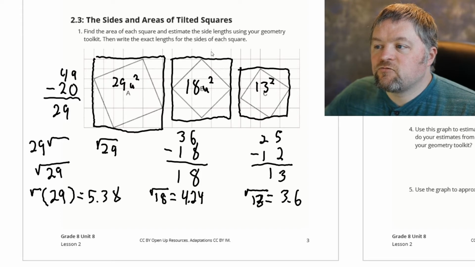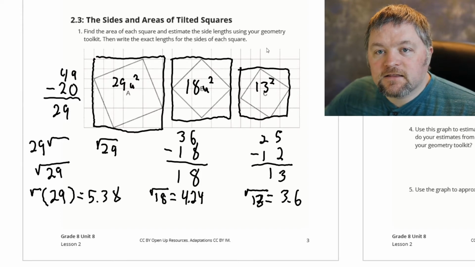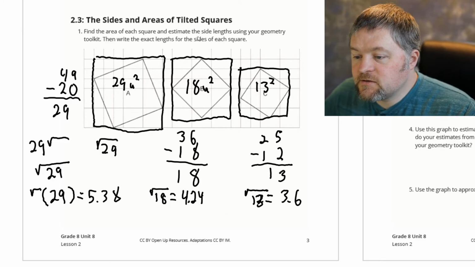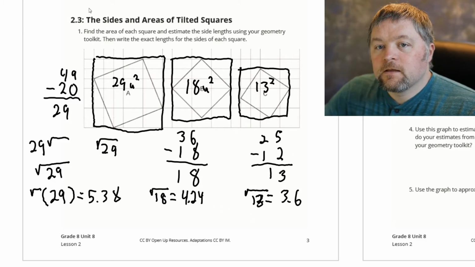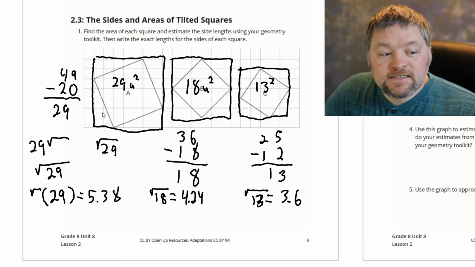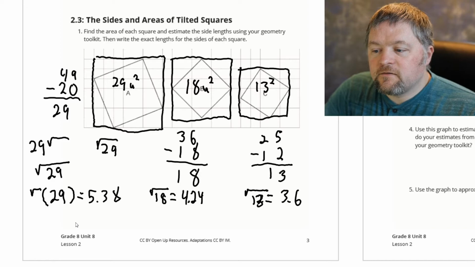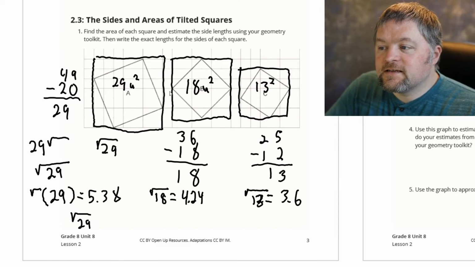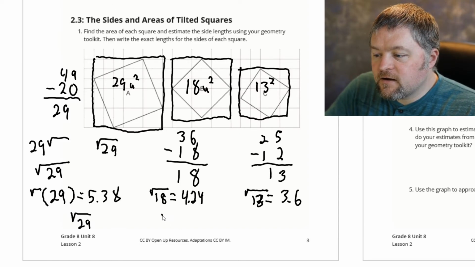Now this says to write the exact side lengths. If we want to be exact, each of these gave us extra decimals. One practice that we are going to start doing is the exact side length of this square is the square root of 29. The exact side length of this square is the square root of 18.